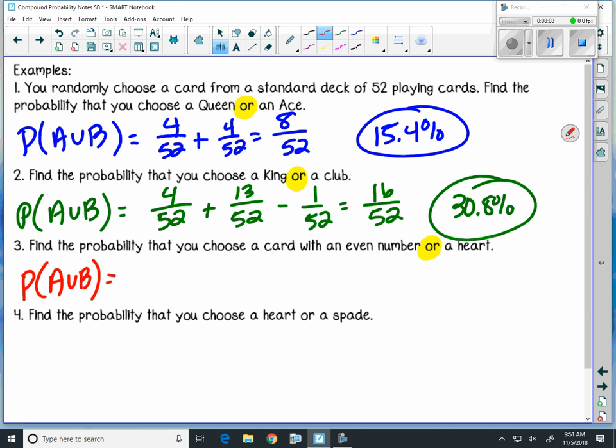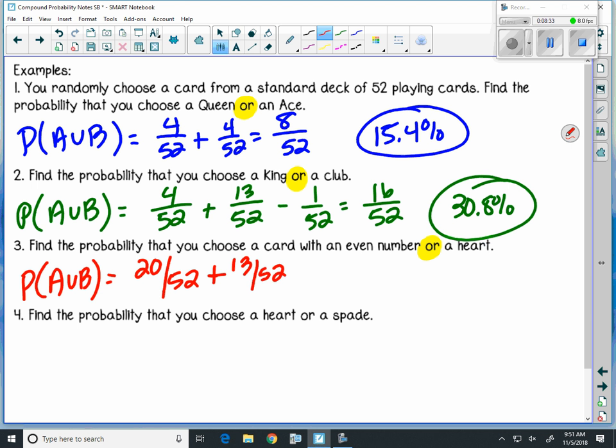What's the probability of an even number? Let's think about this. If we have one suit, we can have a 2, 4, 6, 8, or 10. Do we agree on that? So there's 5 per suit, 4 suits. How many are there? 20. Then how many hearts are in the 52 deck? 13.